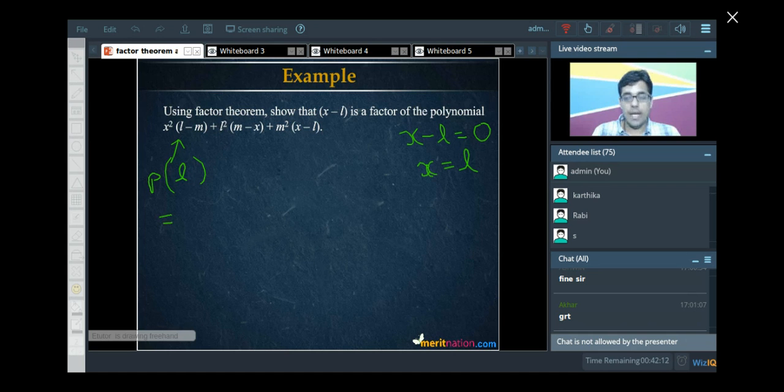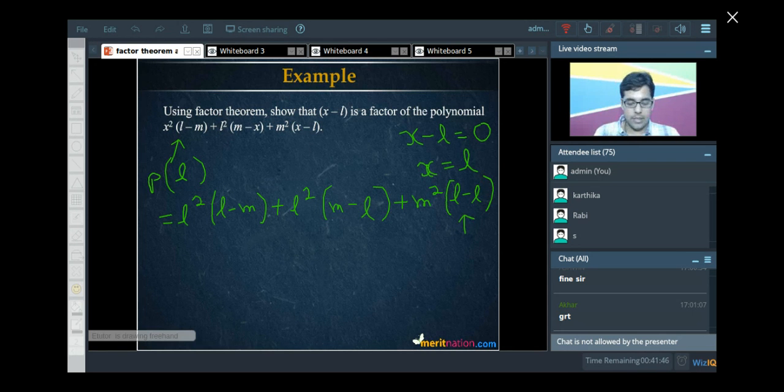It will become L square multiplied by L minus m, then plus L square multiplied by m minus x, x will be L, then plus m square multiplied by L minus L. Now here we have L minus L, it will become 0.